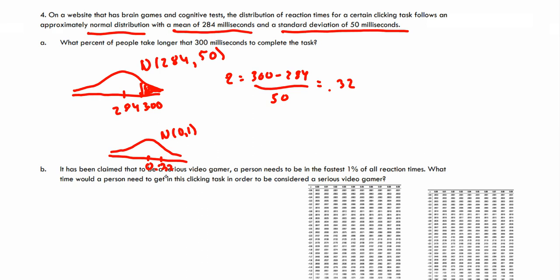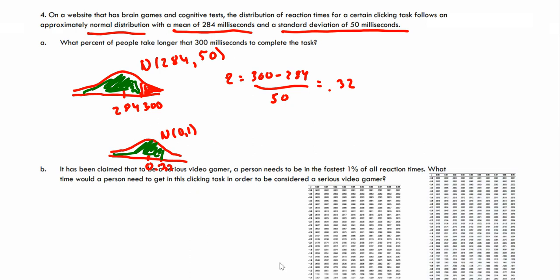So now I have to figure out what my percentile is, because we're going to use table A to figure out this area. Whenever we look at table A, it gives us this percentile area that we're looking for. So I take my table A and look at the positive portion.